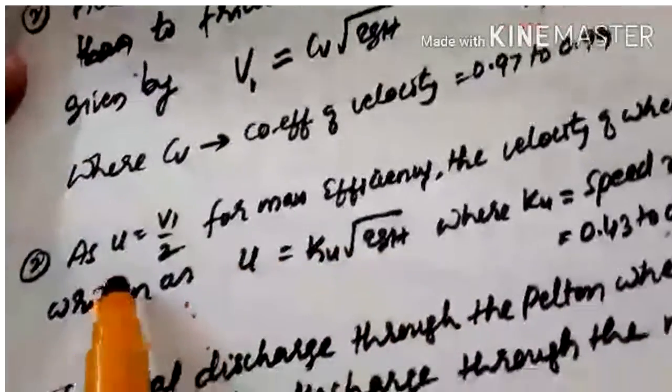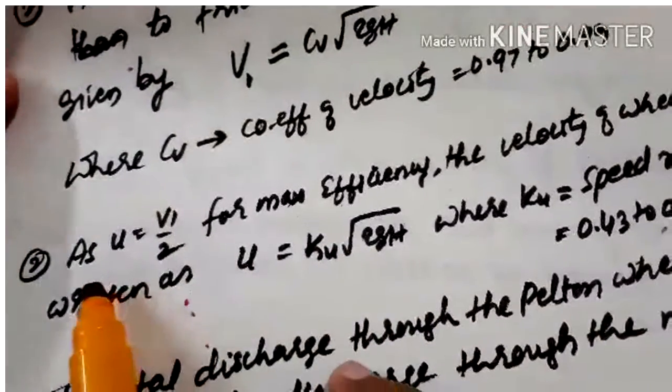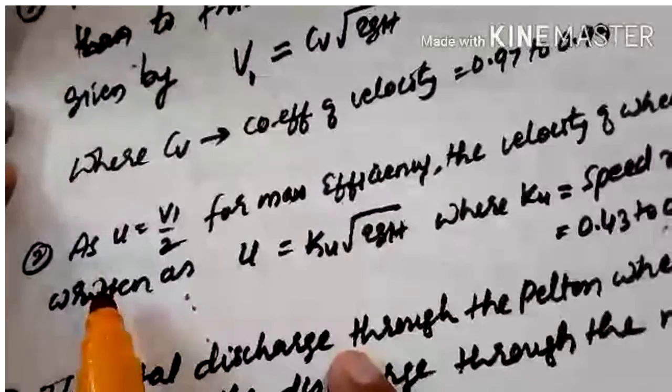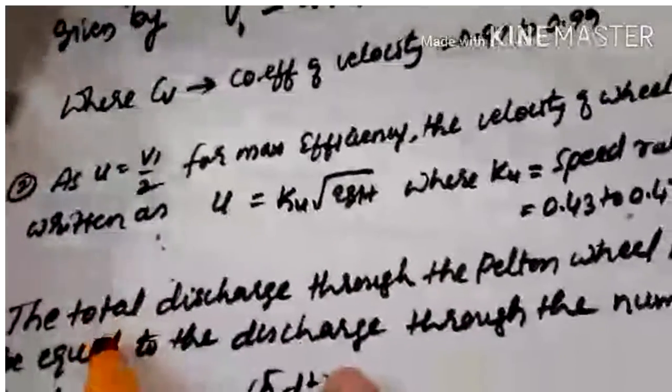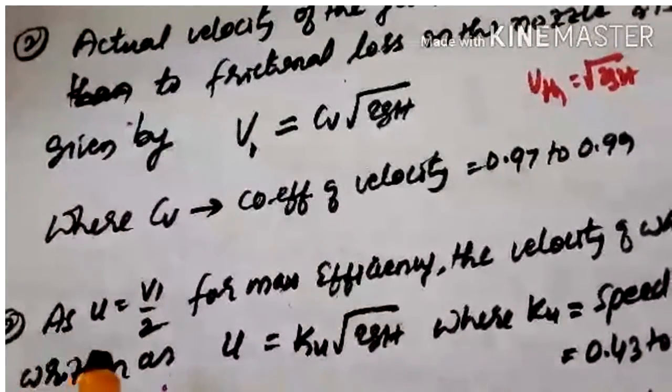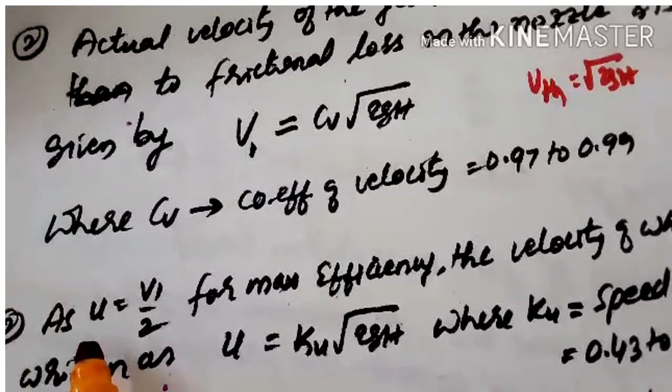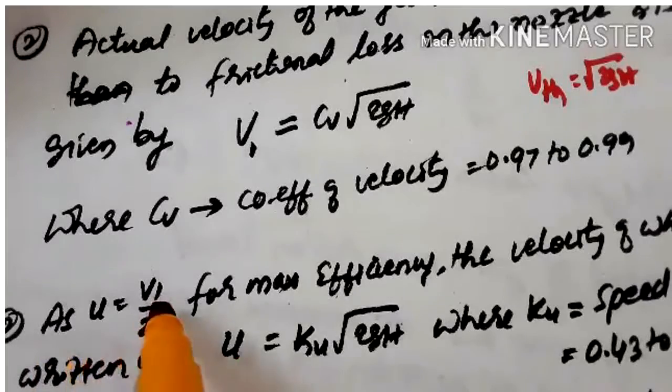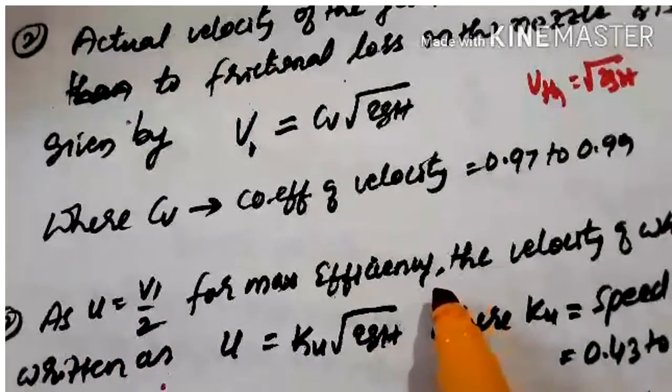Then, as we derived in the previous class, the maximum efficiency of the Pelton wheel is obtained when the wheel or bucket velocity is half the jet velocity. We proved this in the derivation. So U equal to V1 by 2 for maximum efficiency.